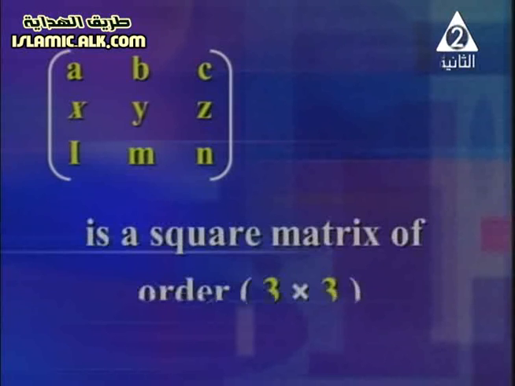Look at the matrix with rows A, B, C and X, Y, Z and I, M, N. It is a square matrix also. Why? Because it has 3 rows and 3 columns. Its order is 3 times 3.